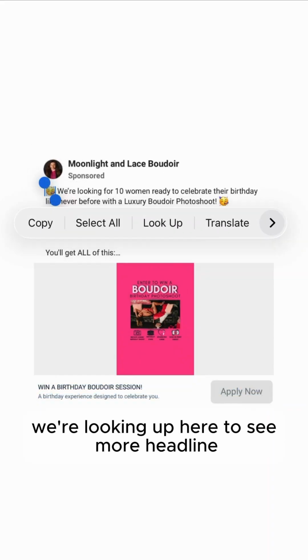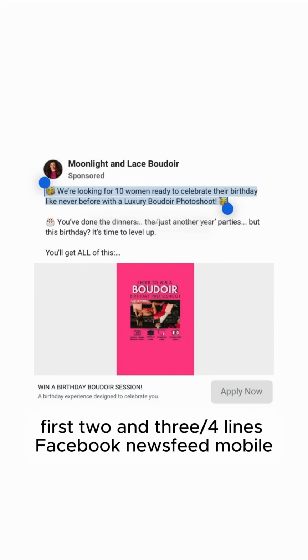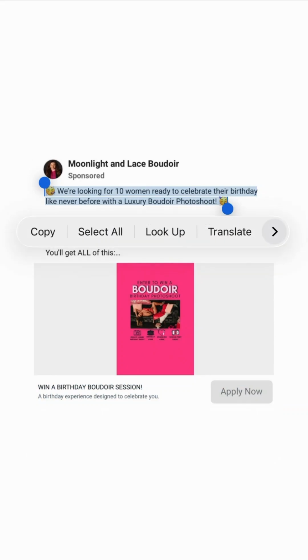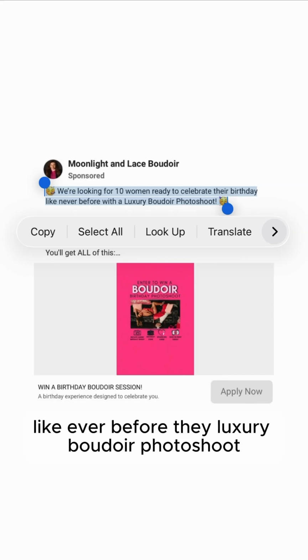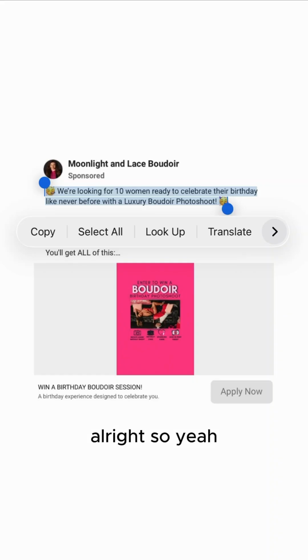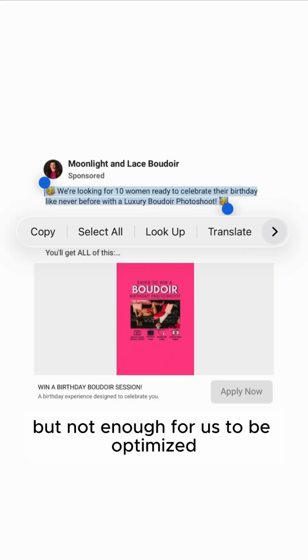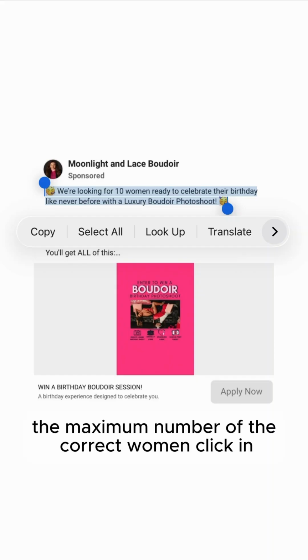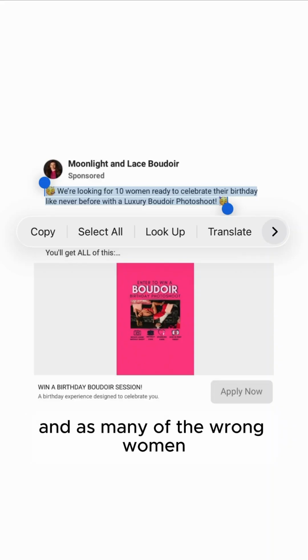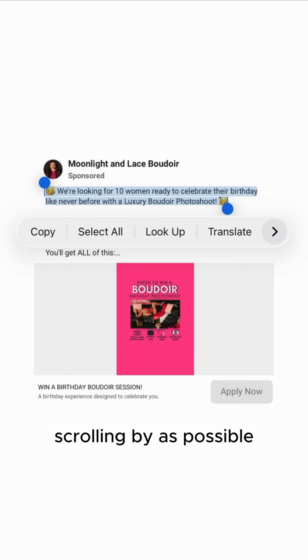Finally, we're looking up here to see more headline. First 2 3/4 lines, Facebook newsfeed mobile. So let's say we look for 10 women ready to celebrate their birthday like ever before with a luxury boudoir photo shoot. All right, so yeah, lack of context mistake here. We've got a few context points, but not enough for us to be optimized, having the maximum number of the correct women click in, and as many of the wrong women scrolling by as possible.